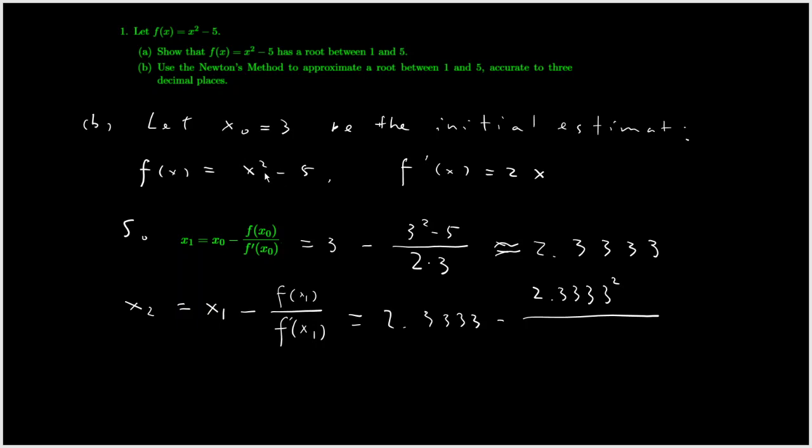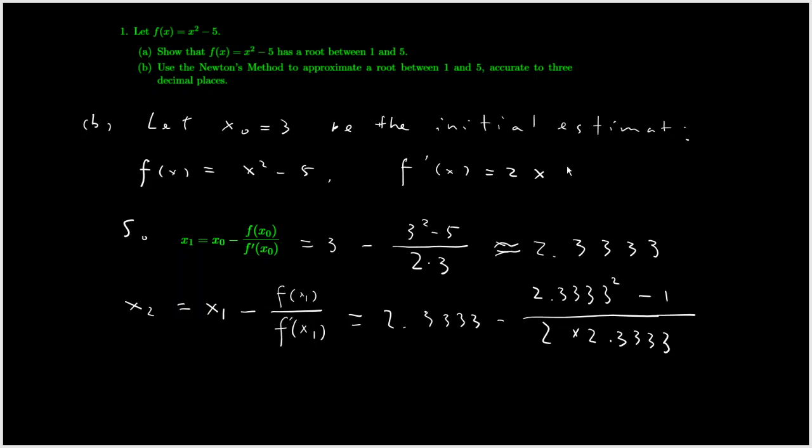You plug the x1 value of 2.3333 into that function. This number squared minus 1, and then on the denominator you have the derivative of the function at x1, which is 2 times 2.3333. Using that formula we can get the value of x2, which is called the second iteration.